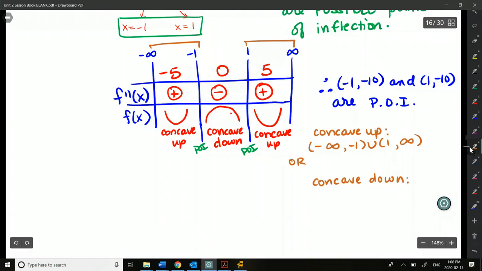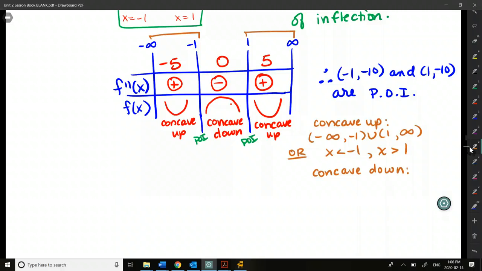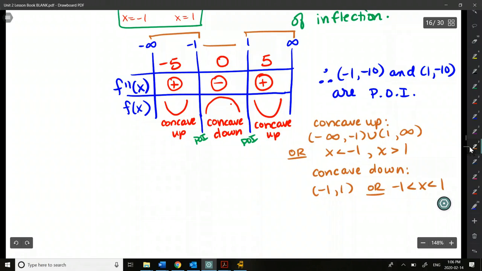If you like inequality notation, where x is less than -1 and greater than 1. Either one of those I'm fine with. You choose what you feel most comfortable with. And then concave down is from -1 to +1. Or again, in inequality notation, it should look like that.